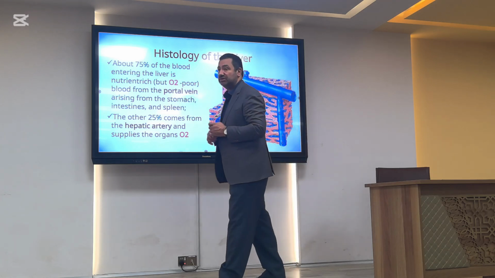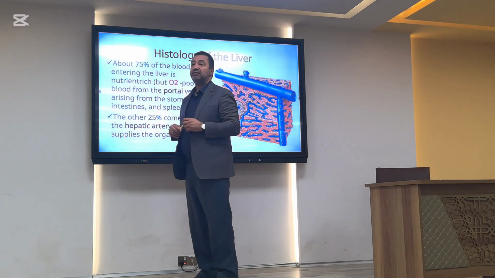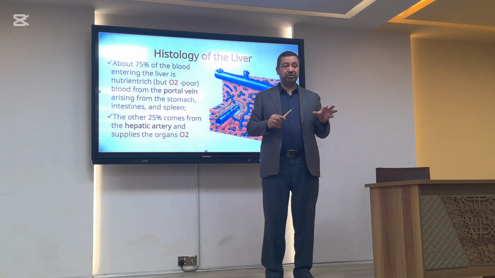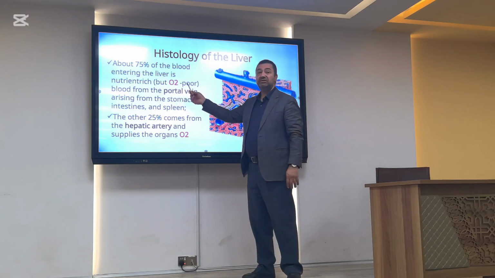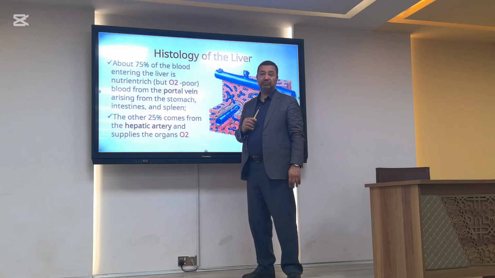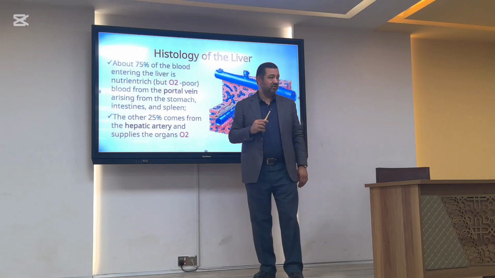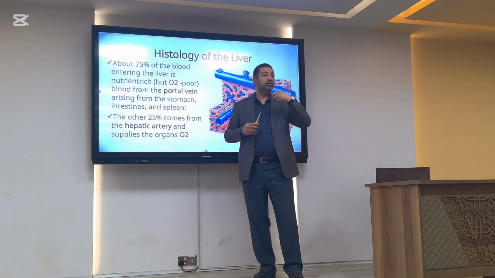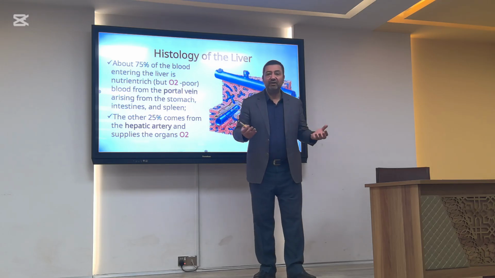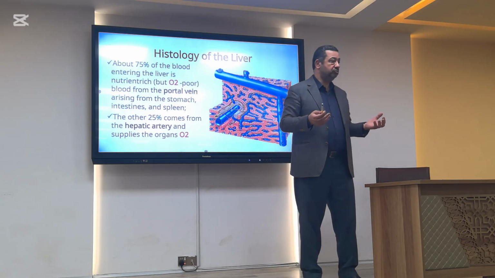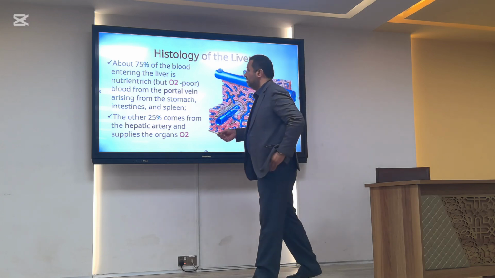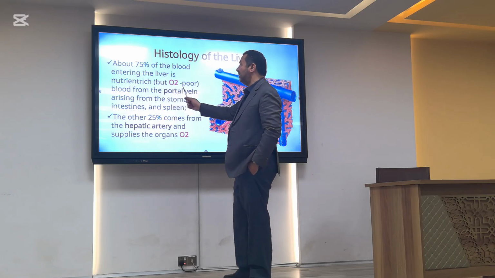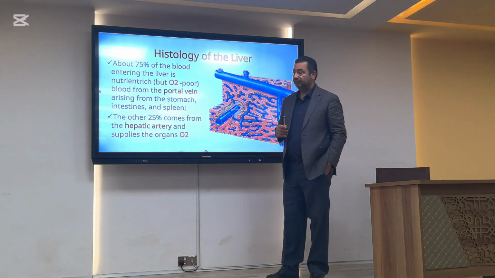And 75% of blood entering the liver is nutrient rich and CO2 and O2 poor, because it comes from another organ. It doesn't have more O2. This is blood from the portal vein arising from the stomach, intestines, and spleen.